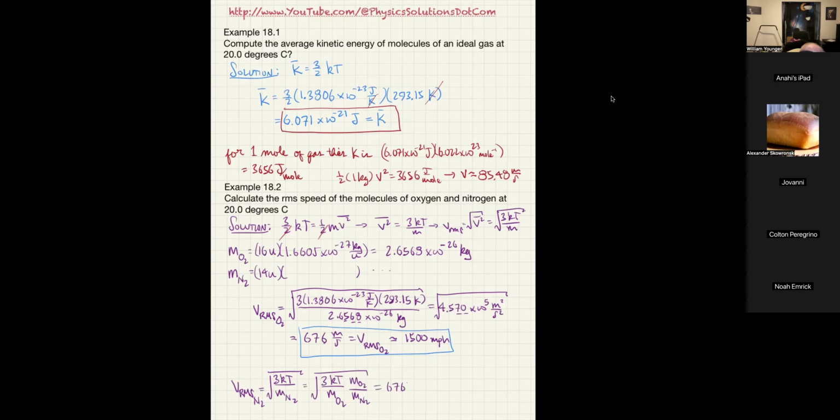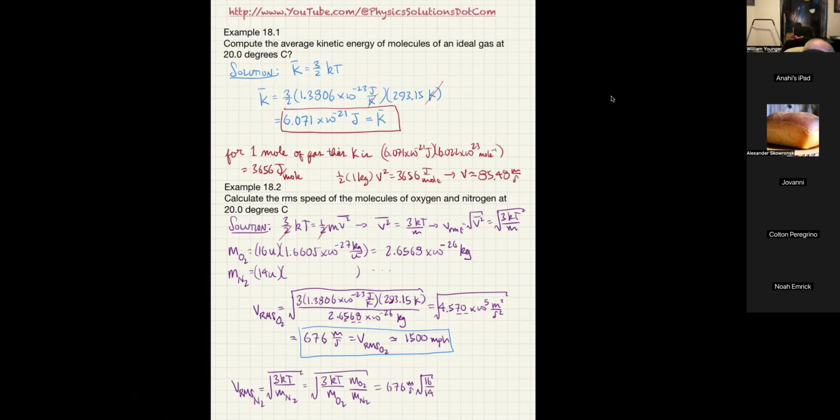676 meters per second times the square root of, now remember we have a common factor of conversion 1.6605, but I don't need to write that. I can just write 16 over 14. So now I'm going to take my 676 and multiply it by the square root of 16 divided by 14.